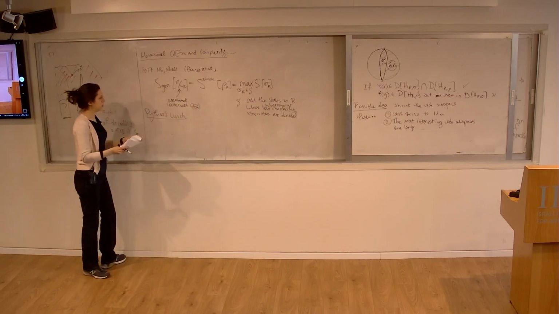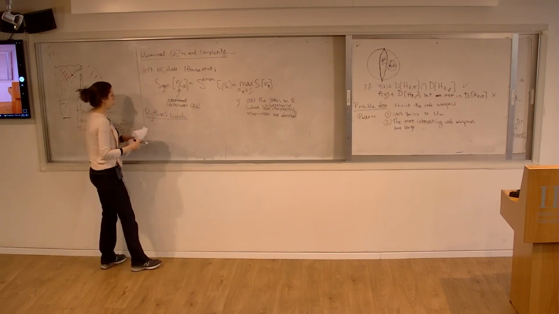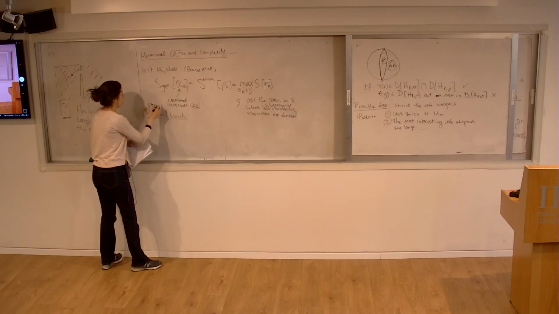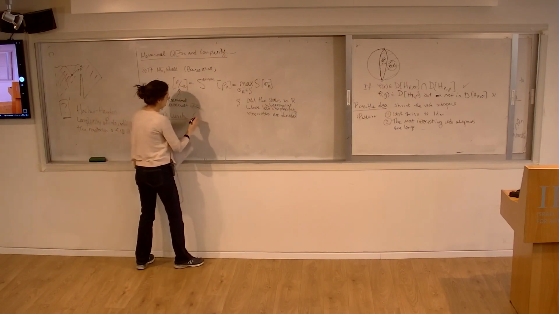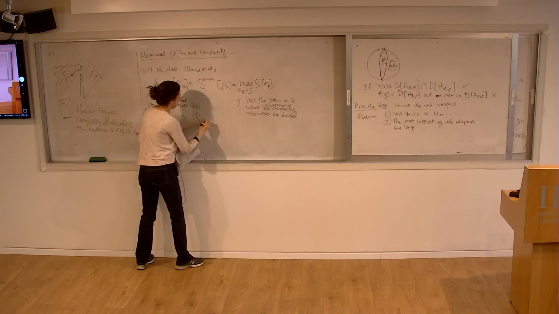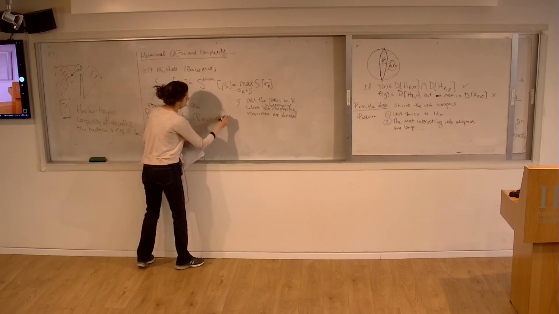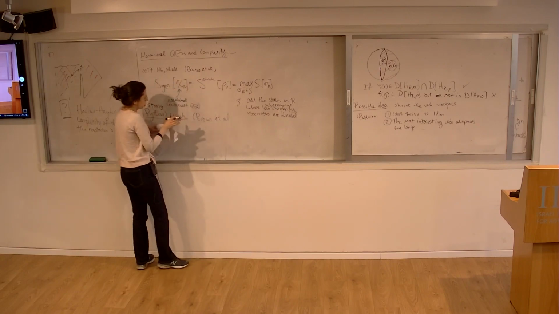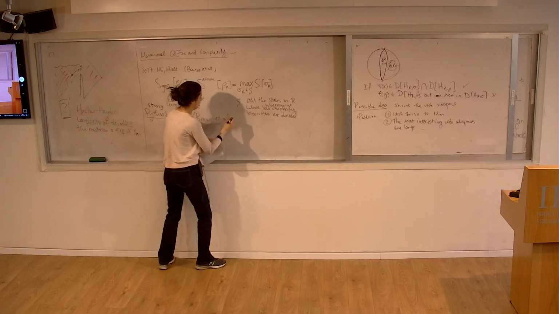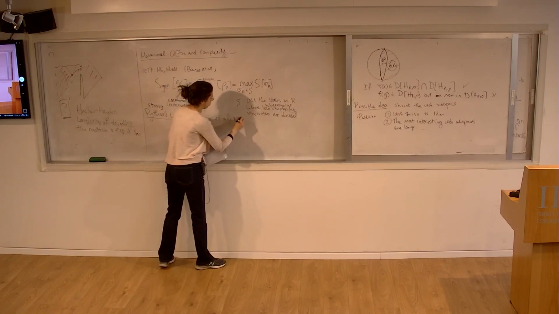So I'm going to state the strong version of the Python's lunch. This was pioneered by Adam Brown and others in one direction, and the second direction was in this paper that I wrote with Jeff and Arden.